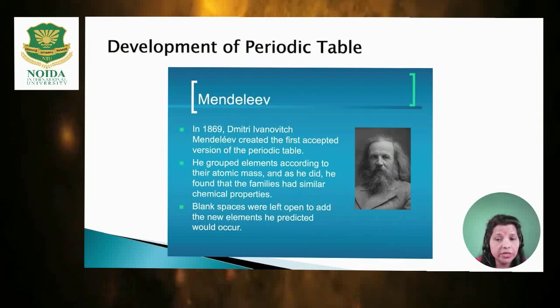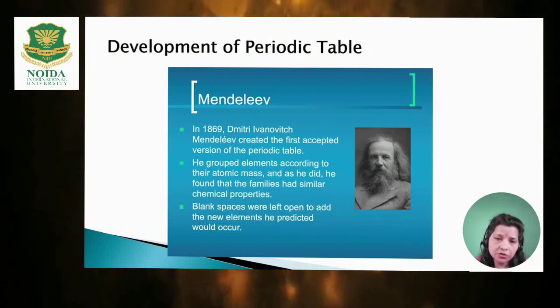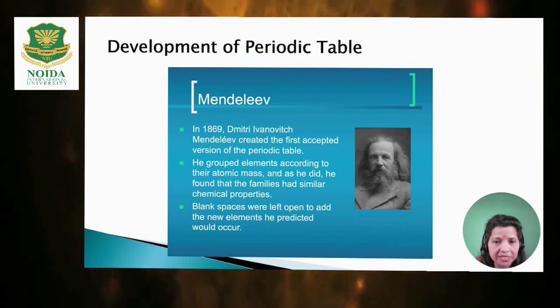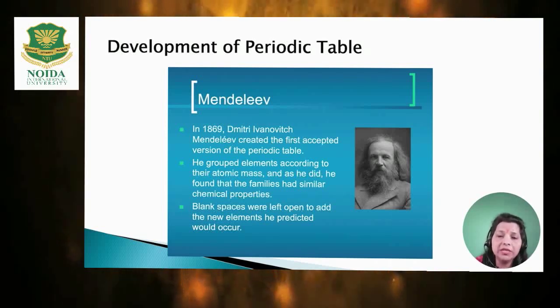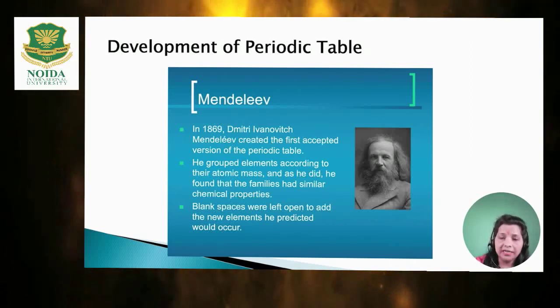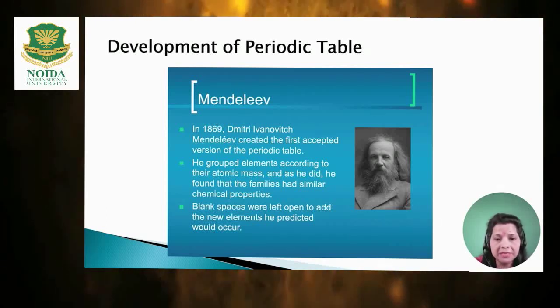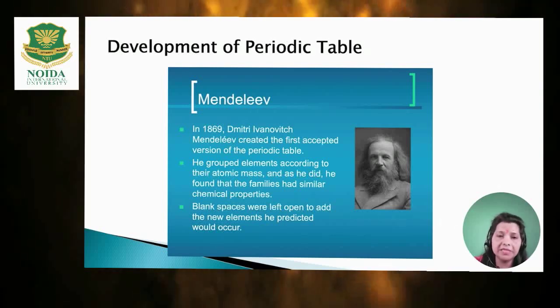Where he was not able to find a resemblance in the chemical properties, he left some blank spaces to add new elements, and he predicted that these elements were not discovered yet, but they would definitely come in the future in these spaces, and he was absolutely right.